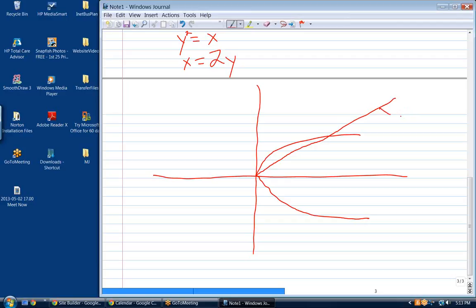These are both defined as functions of y. So this is a function of y, and this is a function of y.